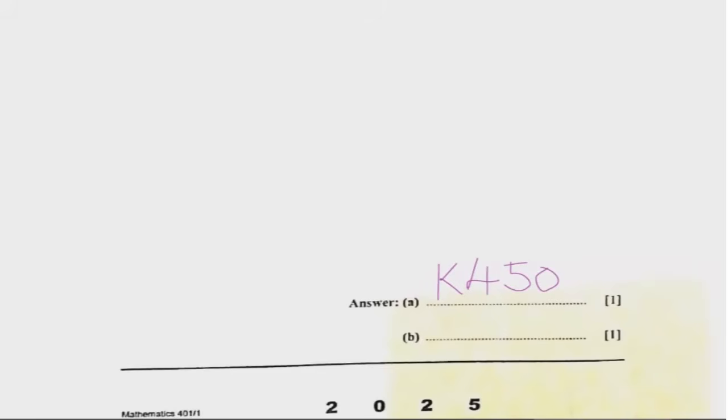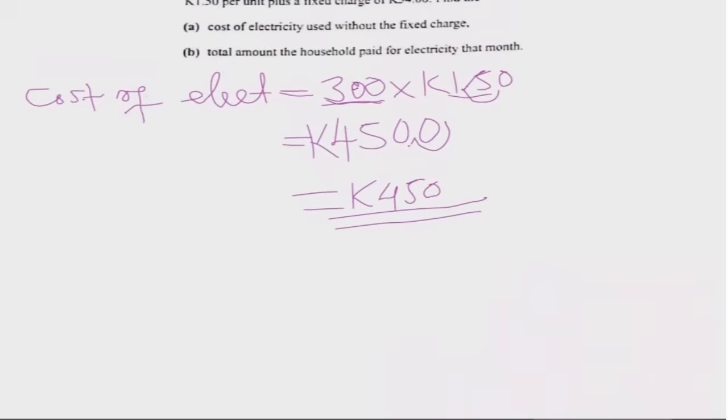Okay, now we go to question B, which is asking us to find the total amount the household paid for electricity that month. So to find the total amount that household paid for the electricity they used in that particular month, what we're going to do is total.